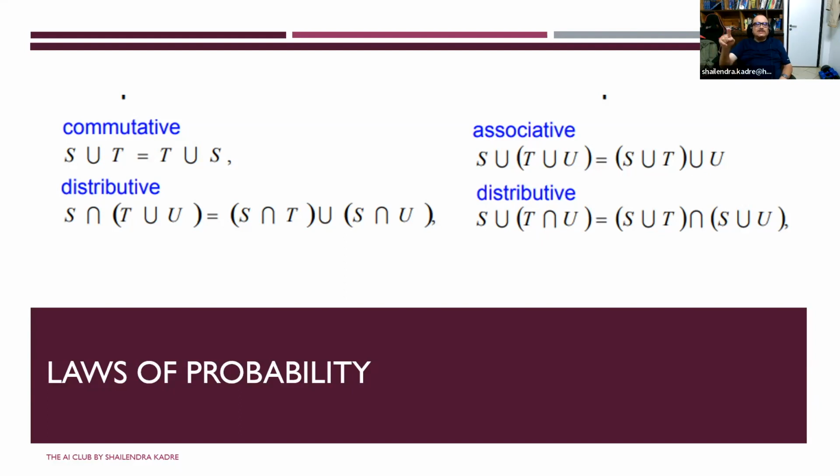A into B plus A into C, right? That's how you will open it. Once again, A into bracket B plus C opens as A into B plus A into C, right? Same thing is here. The same property is applicable here. So it is the distributive law of probability. So that's where some numerical can be there on this.